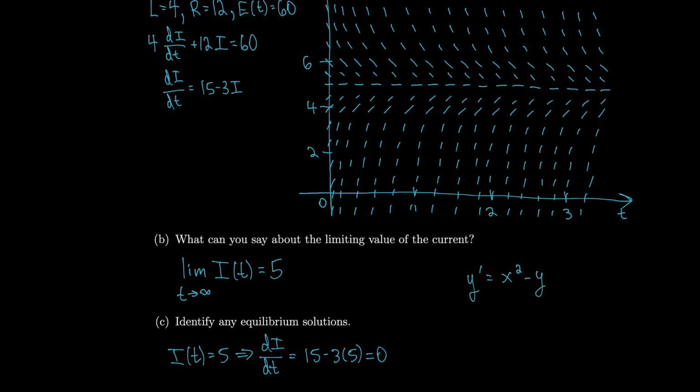Then you would expect an equilibrium solution for y to be x squared, because plugging in x squared gives you 0; x squared minus x squared just cancels. So you would expect your slope field to have a whole bunch of zero-slope line segments in the shape of a parabola, if you were to draw them.